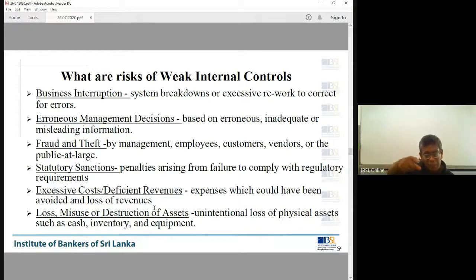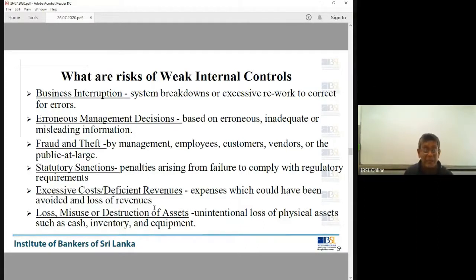Operational risk. What type of operational risk? These are business interruptions. So you take wrong management decisions because the information given to you may be inadequate, misleading, or wrong. And fraud and theft.